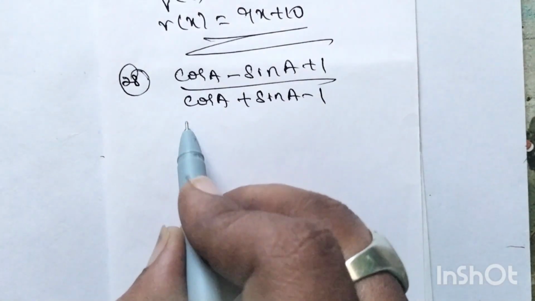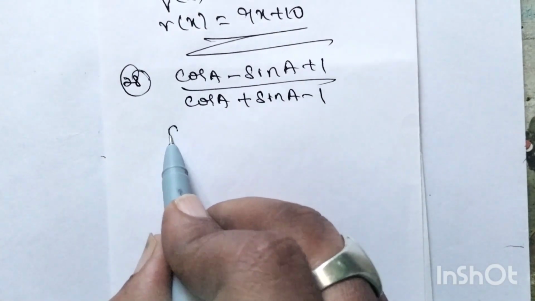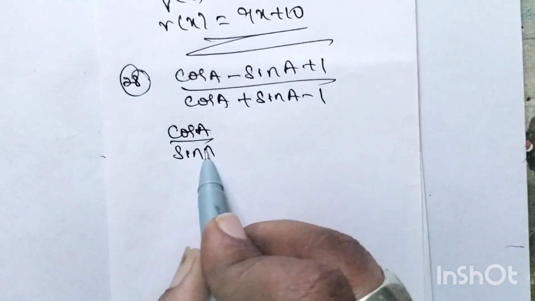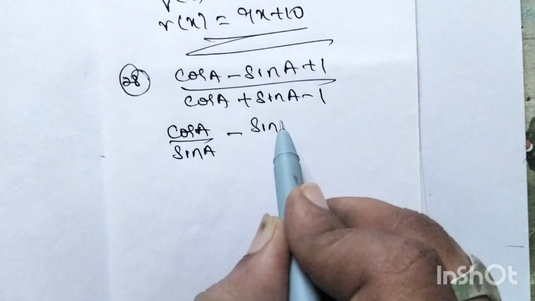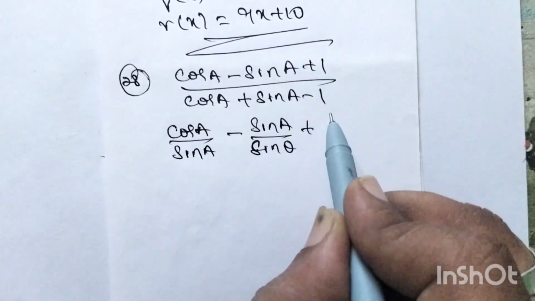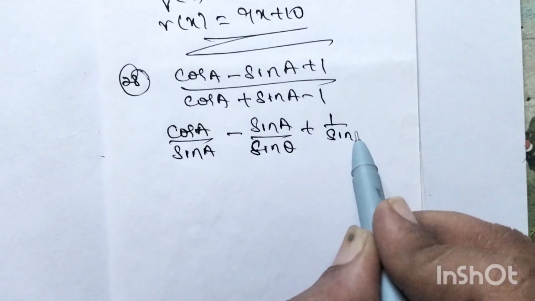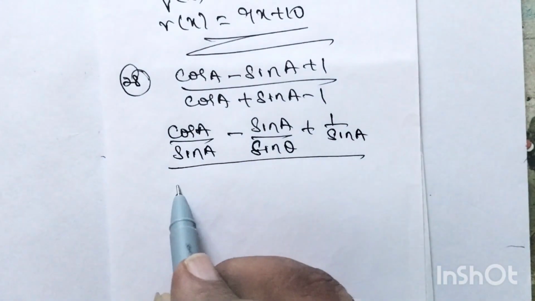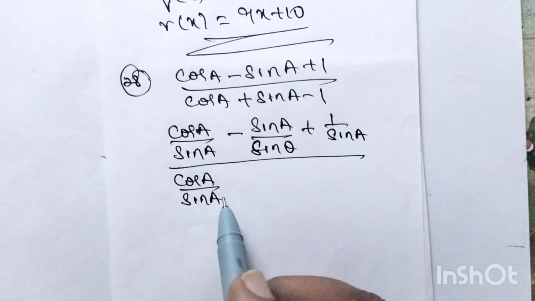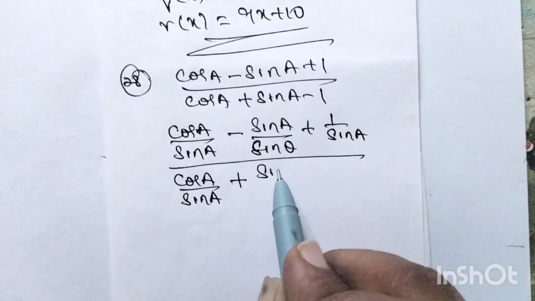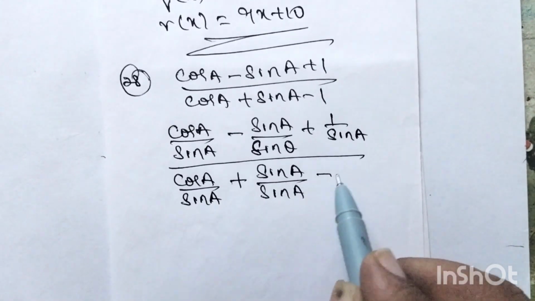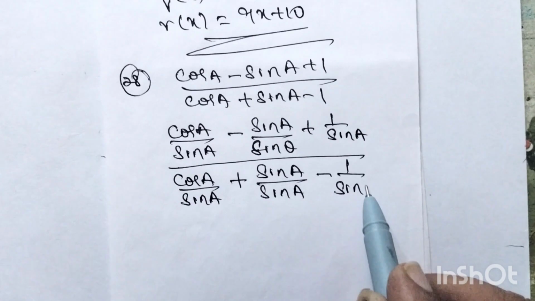Dividing by sin a, we get cos a by sin a minus sin a divided by sin a plus 1 divided by sin a, divided by cos a by sin a plus sin a by sin a minus 1 divided by sin a.